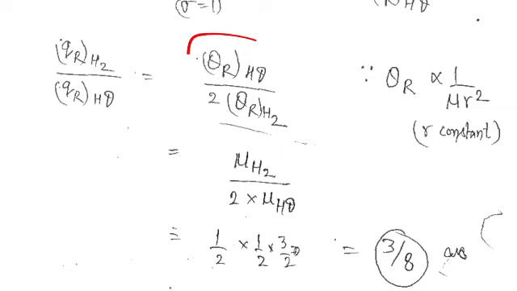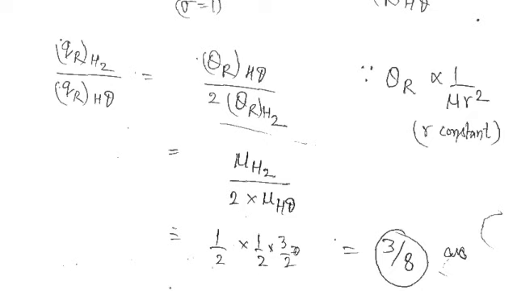We cannot take the ratio of theta r; we have to split it down. As we know, theta r is inversely proportional to nu r square, and here r is constant, because it is given in the question that the bond length for H2 and HD is the same.